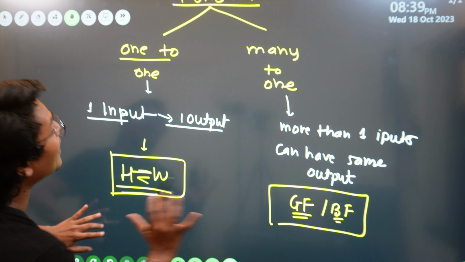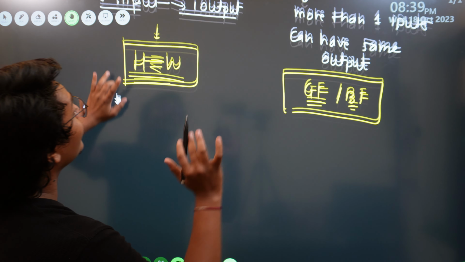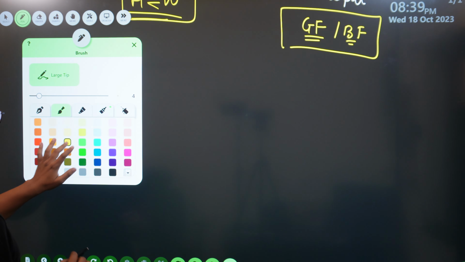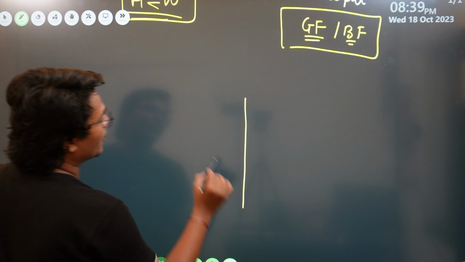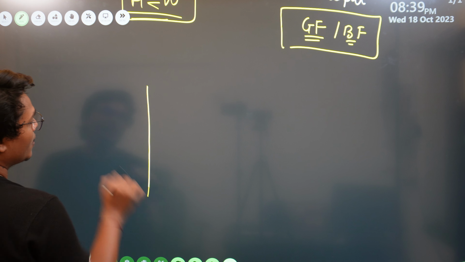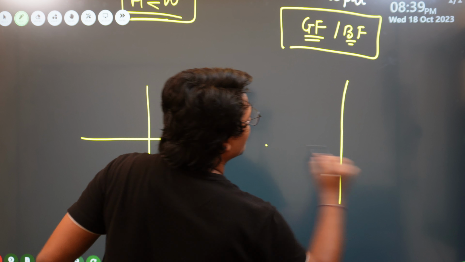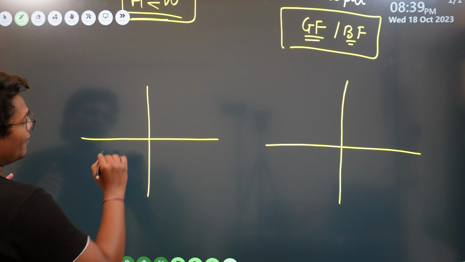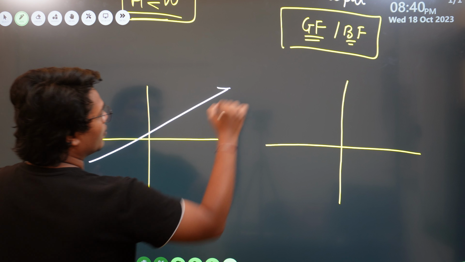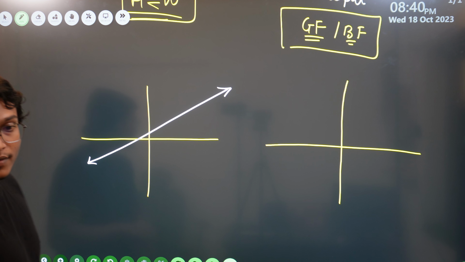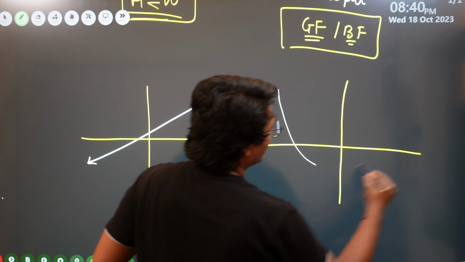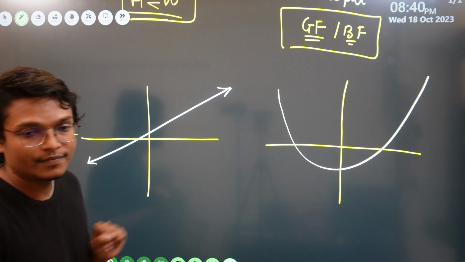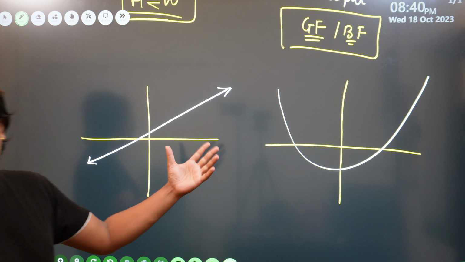Now let's understand these functions on a graph. How to understand one-to-one and many-to-one function? We'll take two examples. If I have drawn a straight line, and if I have taken a parabola like this, are these figures visible?